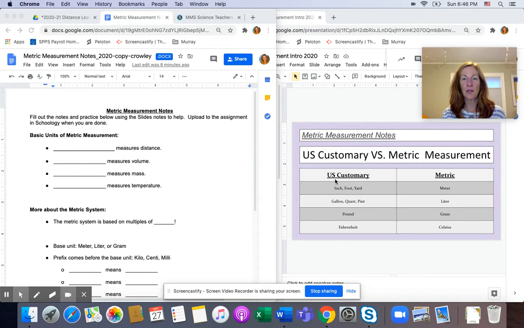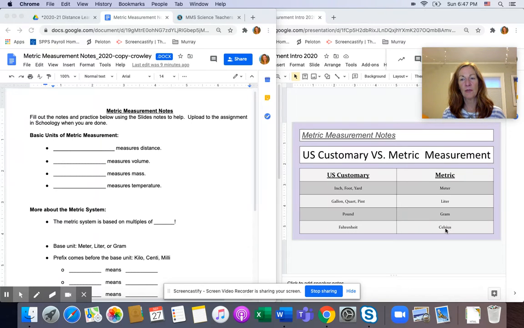So here, the United States customary is going to be things like inches and feet and yards. Like there's 12 inches in a foot and 3 feet in a yard. And there's gallons and quarts and pints and pounds and Fahrenheit. But when we talk about the metric system, we only have to learn actually 4 basic words: meter, liter, gram, and Celsius.